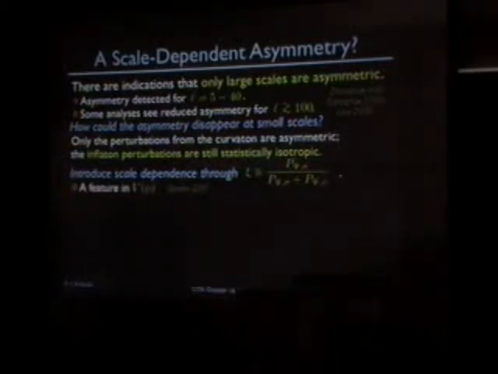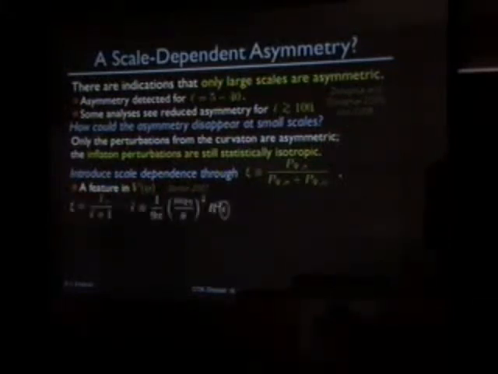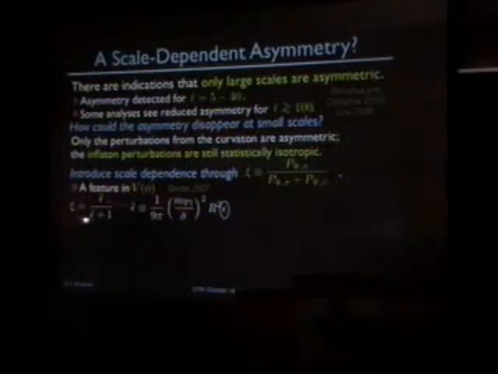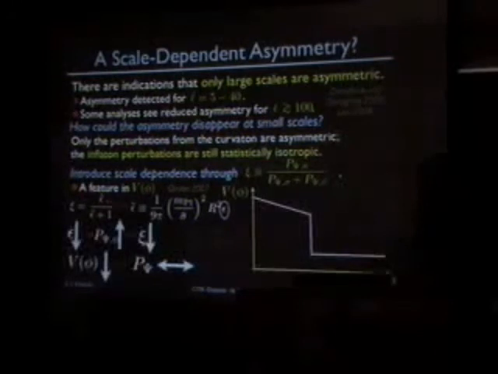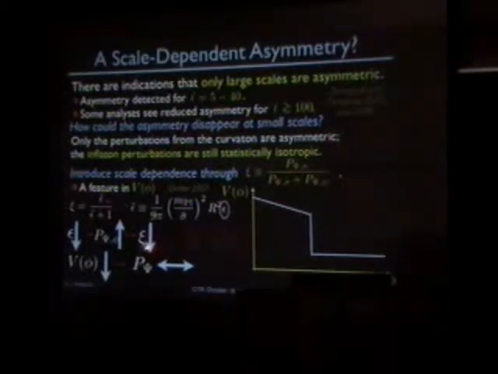The first is the simplest, just inducing an extreme feature in the potential for the inflaton. The way you do that is, again, looking at that form of C. Remember, it was dependent on epsilon. So if epsilon, the slow roll parameter, had some kind of break or feature in it, you could decrease epsilon, which would rev up the inflaton perturbations and decrease the ratio of power coming from the Curvaton, as we desire.